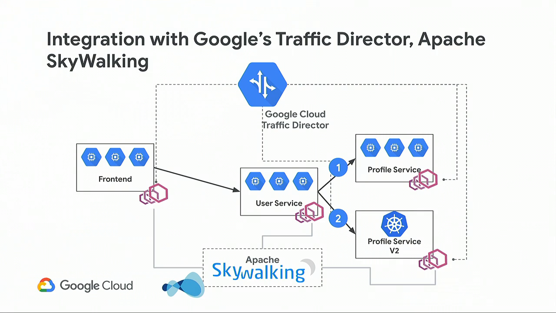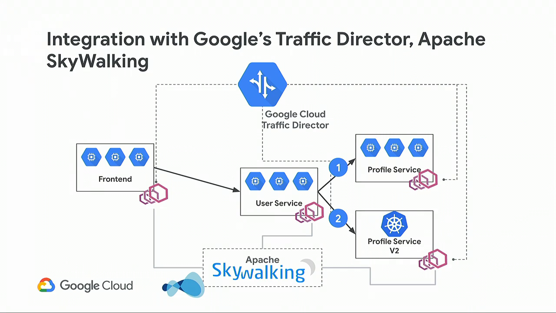This is the integration for when you get Envoy from a third party like Tetrate. Probably you want to ask whether it is compatible with any control plane out there. So we do this integration with Google's Traffic Director and Apache SkyWalking for observability.